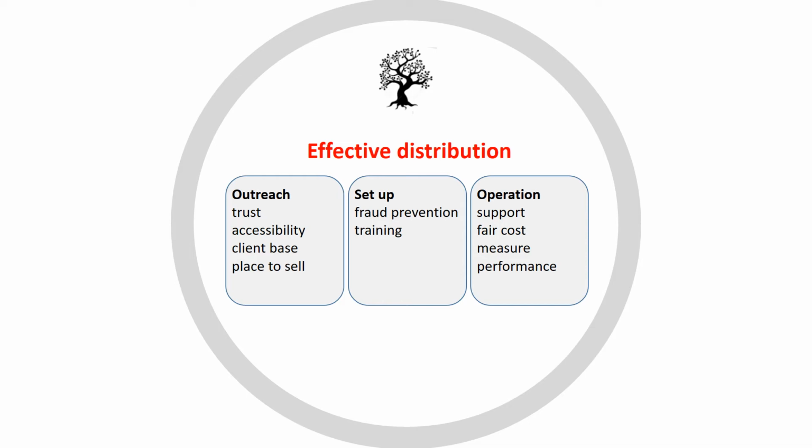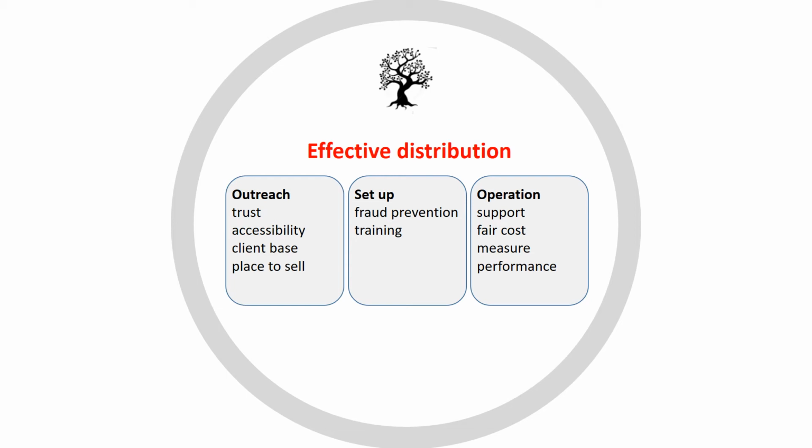For a successful and effective distributor, there are three main points to take into consideration. 1. The outreach of the network. 2. How the network is set up. And 3. How the network functions in operation.